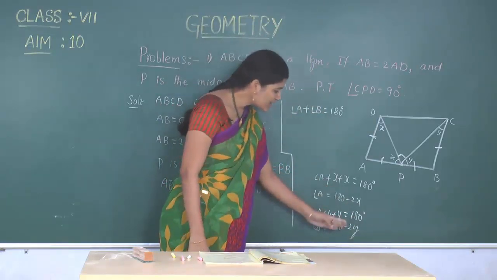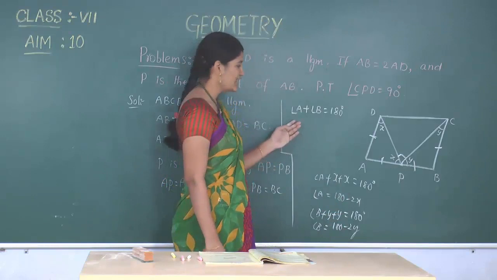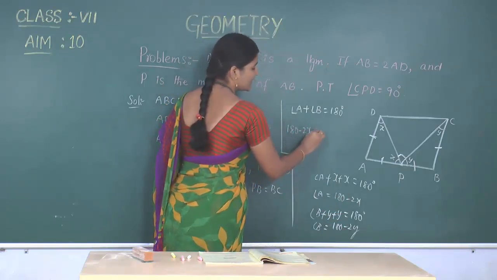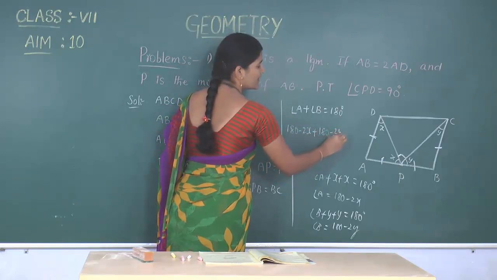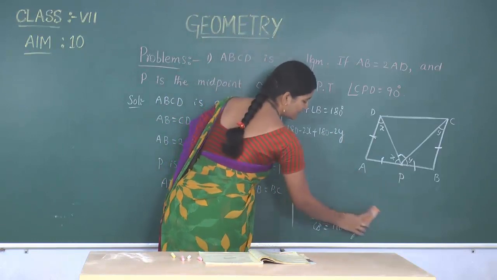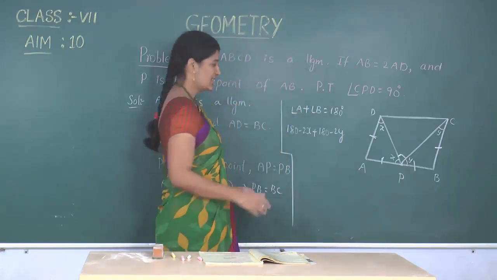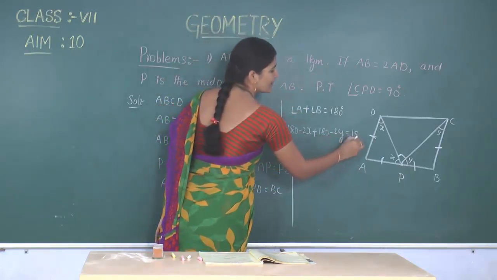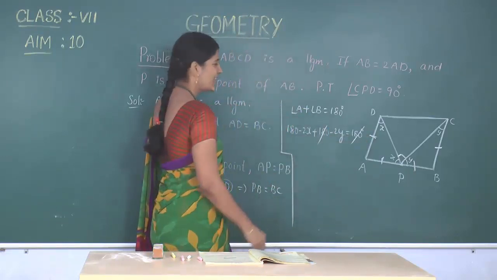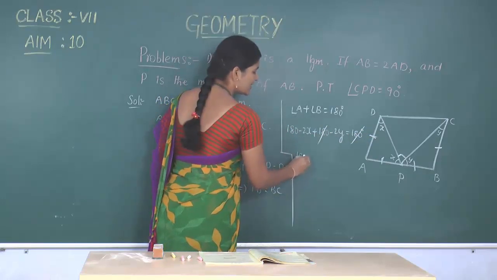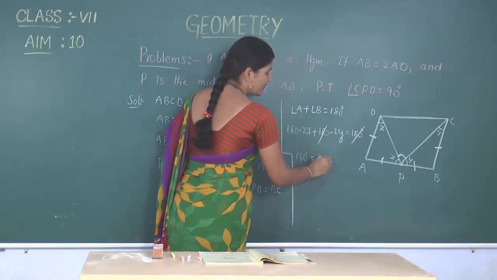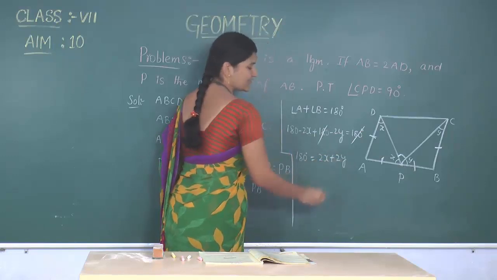Let me write these two here. In the place of A I am going to write 180 minus 2x. In the place of B I am going to write 180 minus 2y. Let me erase this one. See here, which is equal to 180 degrees, and this 180 cancel, and now 180 degrees is equal to minus 2x minus 2y going that side, plus 2x plus 2y.